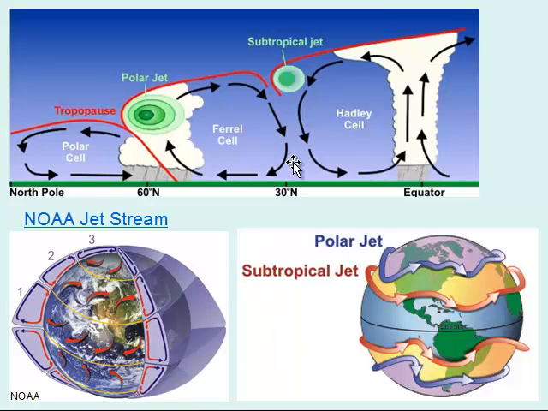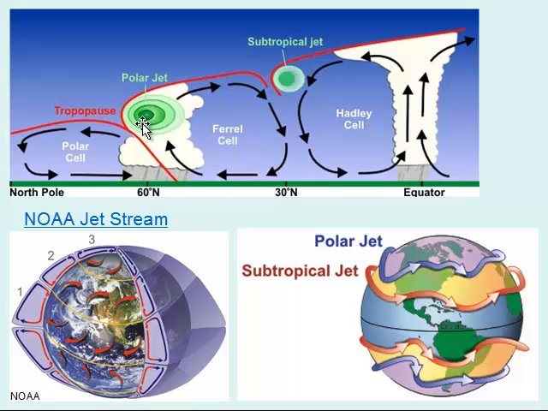If we go from the equator, where we have air rising, cooling, condensing, raining, and then sinking, at 30 degrees north we have the Ferrel cell here, which is the subtropical cell. Wherever we have that air rising, cooling, and condensing, we have clouds forming. And then over here, we have the polar cell.